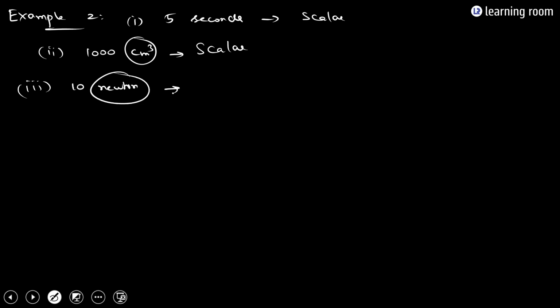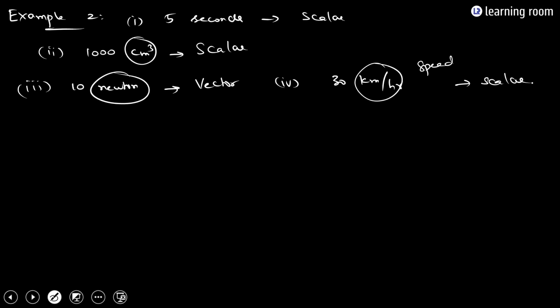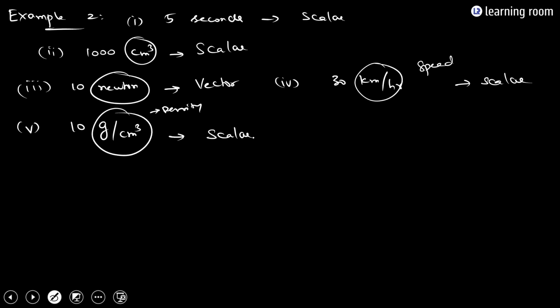Newton is a measure of force. It is vector. Fourth, 30 kilometer per hour. Since they gave only magnitude, kilometer per hour is a measure of speed, which is scalar. Fifth one, 10 gram per centimeter cube. Gram per centimeter cube is density, hence it is scalar.